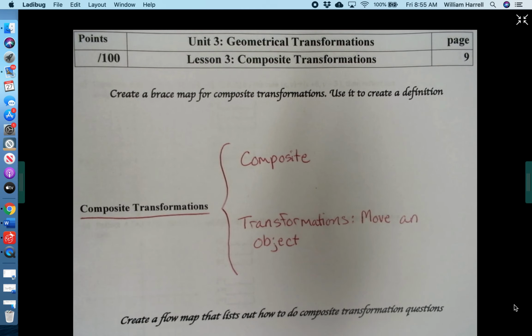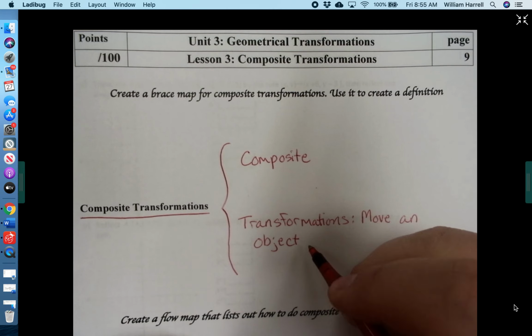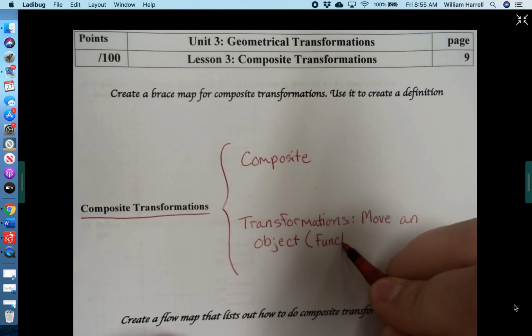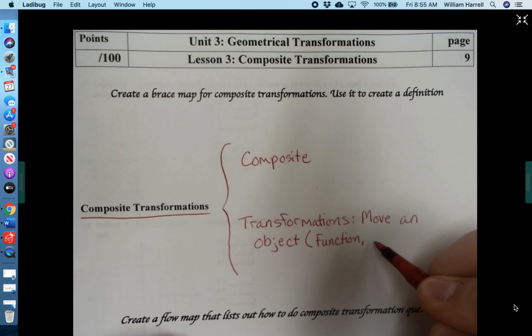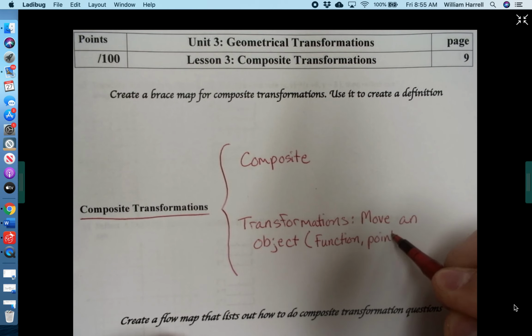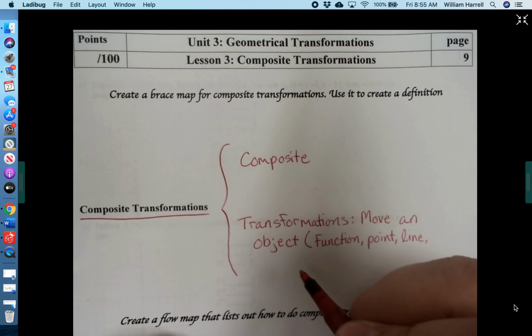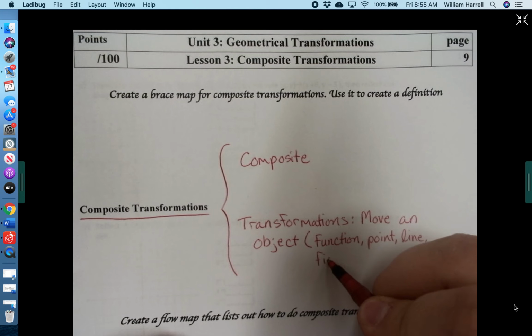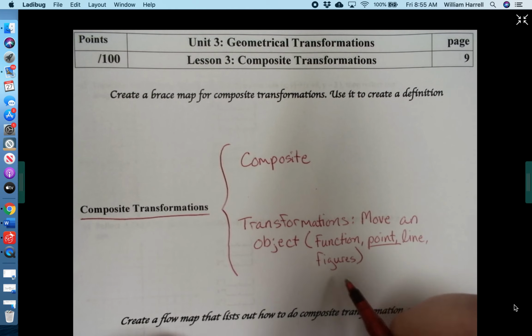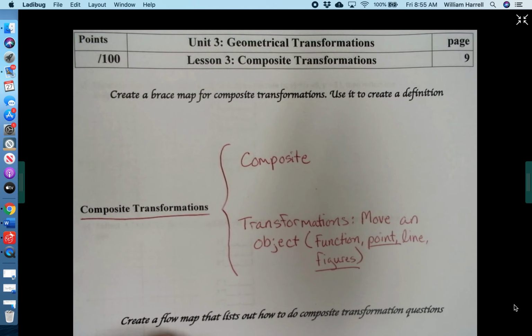An object can be a function, a point, a line, or figures, and what we're going to focus on are points and figures.